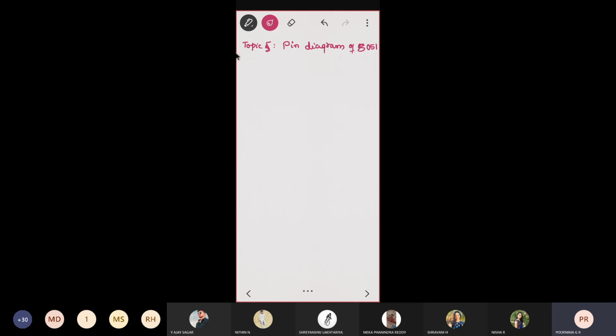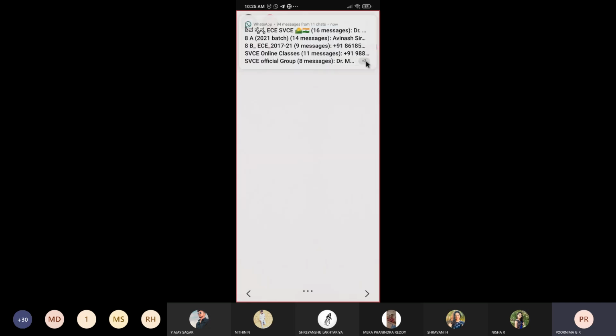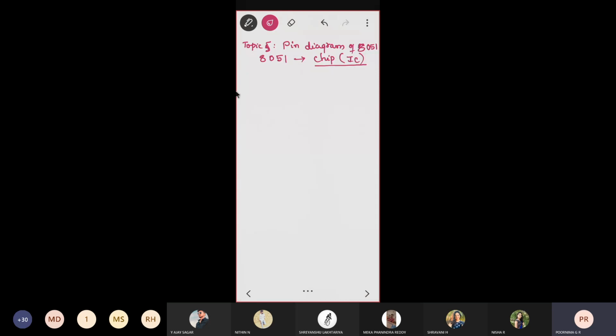What does the pin diagram of 8051 mean? The 8051 microcontroller is a chip, an IC, available in the form of an IC, so you have to know the various external pins available. For that, you have the 8051 pin diagram.